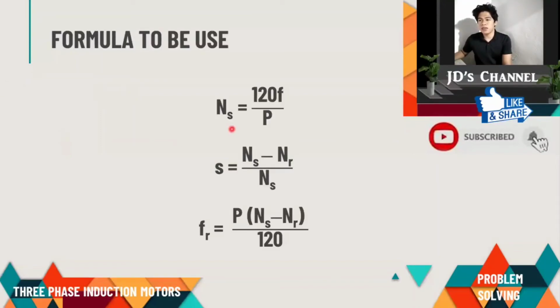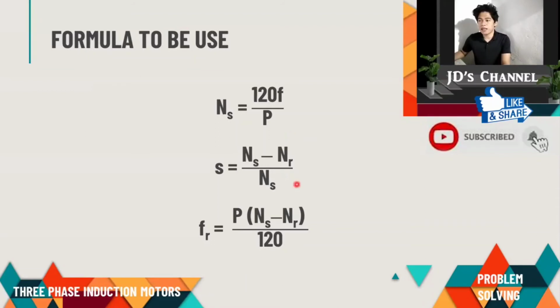The formula to be used: we have to find, class, the synchronous speed, or the NS, then the slip, to get the rotor speed. You can use another formula, class, so whichever is easier for you, it's up to you.